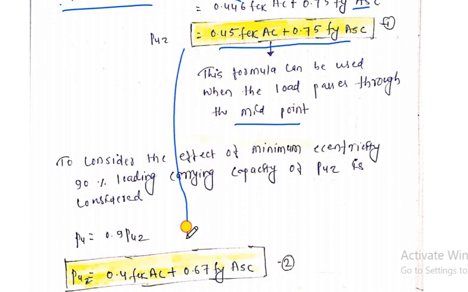At the same time you can also see 0.4 fck Ac plus 0.67 fy Asc. So what is the difference between these two formulas?